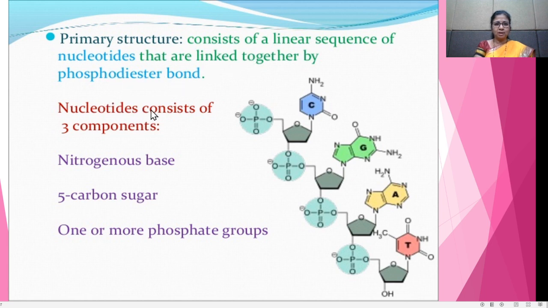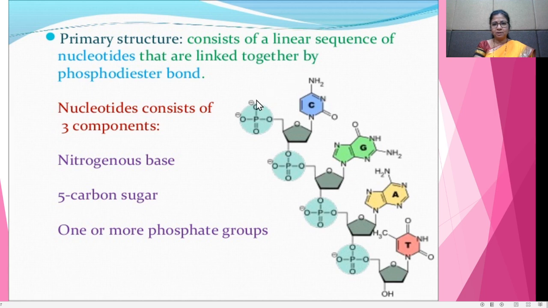These nucleotides consist of three components: the nitrogenous base, a 5 carbon sugar, and one or more phosphate groups. See here, these are nucleotides.